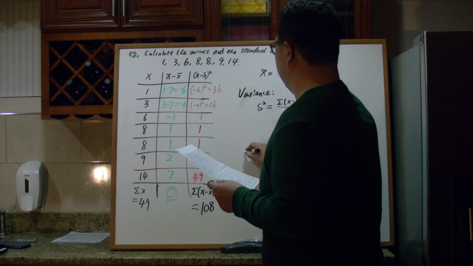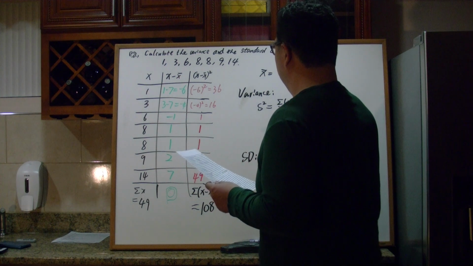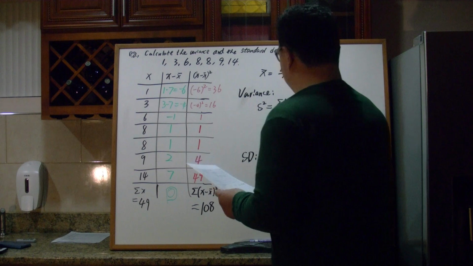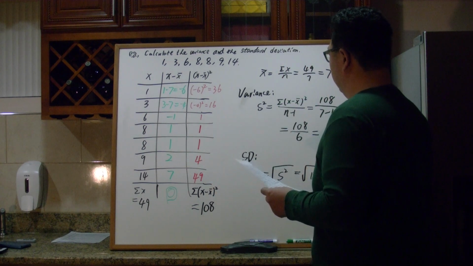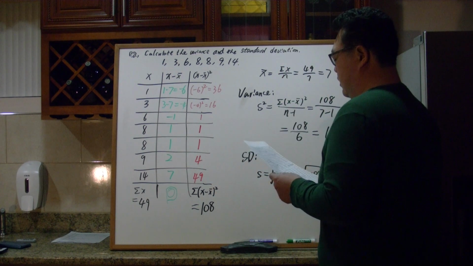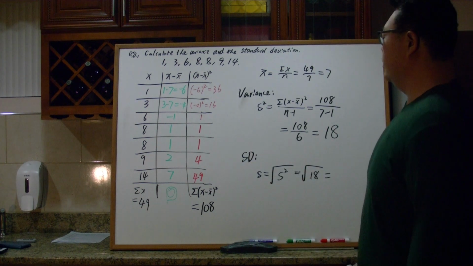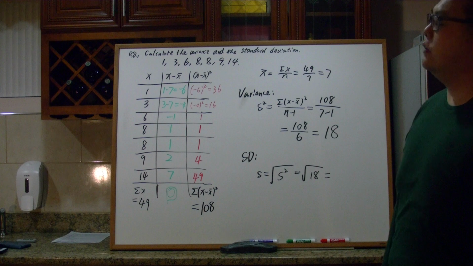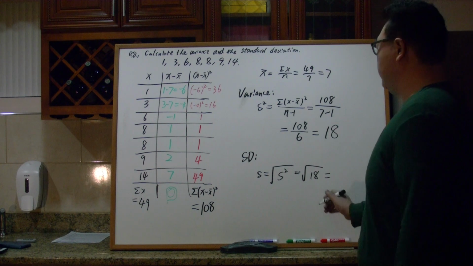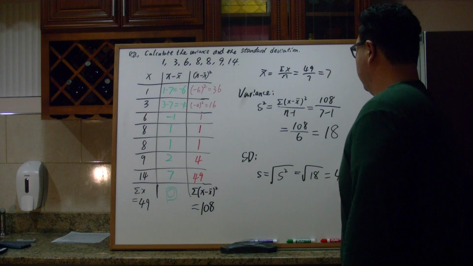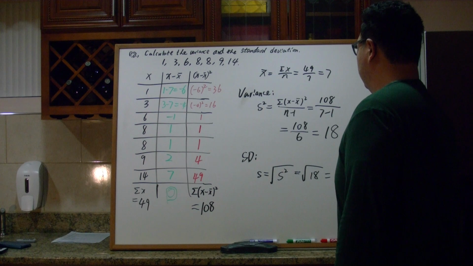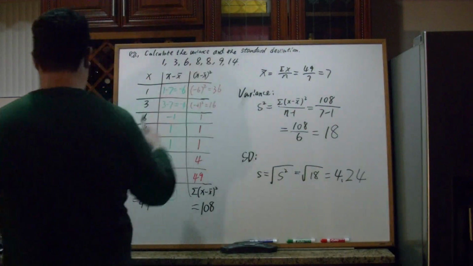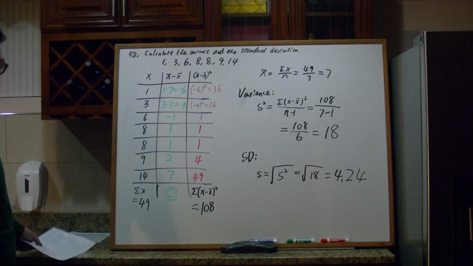At the end, the standard deviation s is equal to the square root of the variance, which is the square root of 18. We use a calculator to do that. You could keep 1 digit or 2 digits of decimal or more if you want to, no problem. 2 digits is good enough in the usual case where there is a whole number in the data.